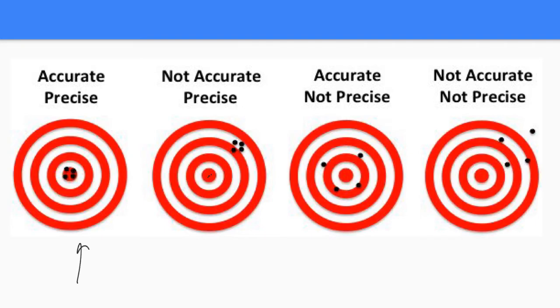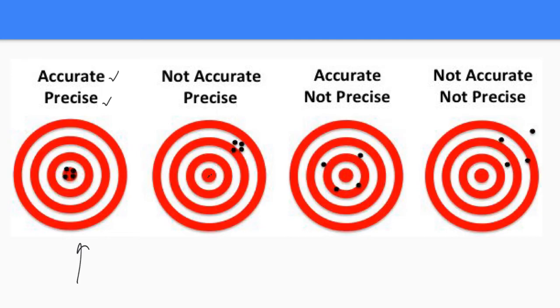And so when we look at this first graph, we can see that it's accurate, right? If our goal is to be in that red circle, those are definitely accurate. They're in the red circle. Precise is how close those are to each other. Well, when I look, all of those black dots are really close to each other. So this bullseye is accurate and precise.